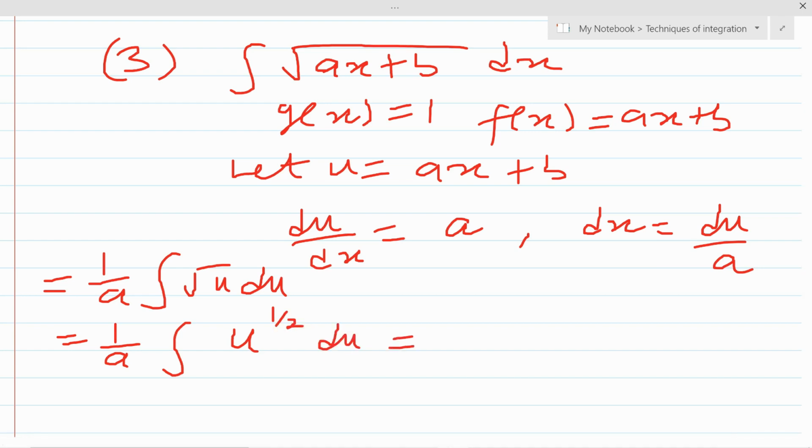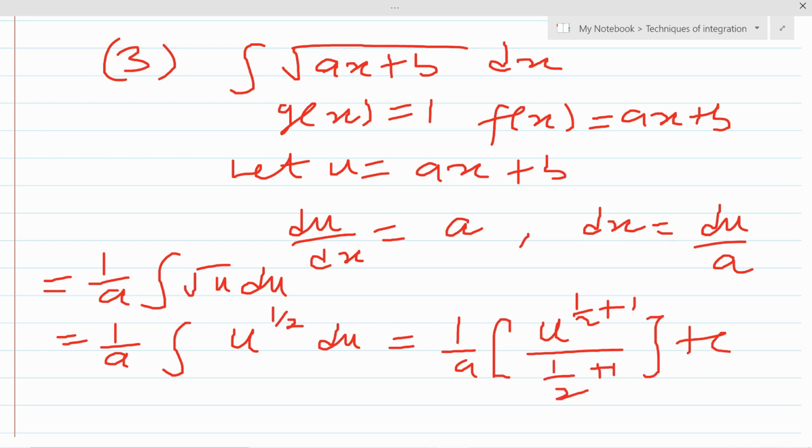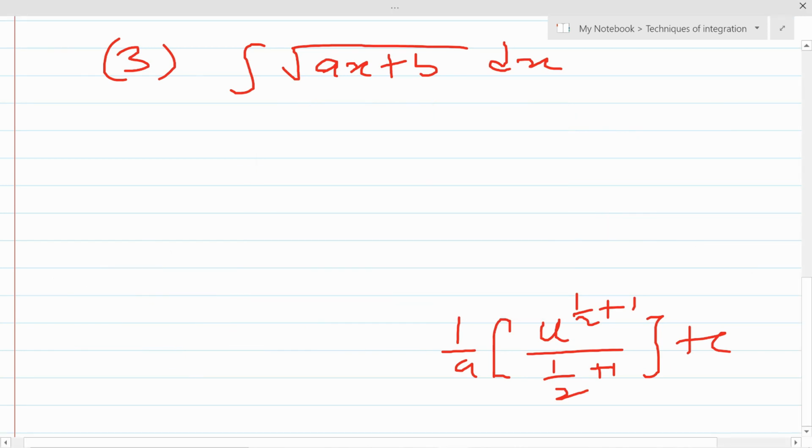Okay, so this will give us 1 over a, u to the half plus 1 over half plus 1, plus c. So now this whole thing has been transformed into this, then half plus 1 is 3 over 2.